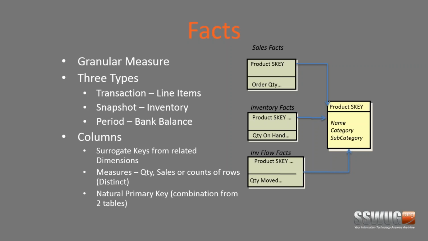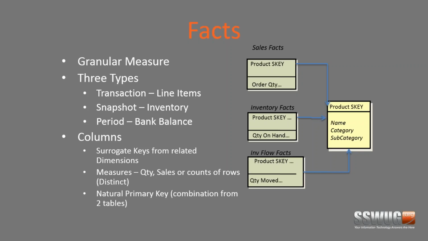There's three types: transaction, which is like a line item; snapshot, which is like inventory; and period, which is like taking a snapshot or accumulation of what the bank balance is for someone, so you can compute interest at some point in time.